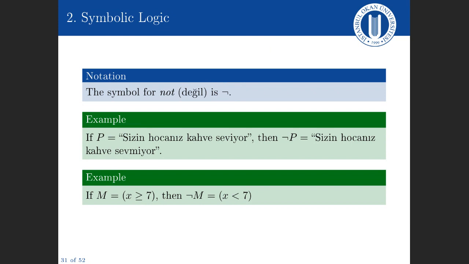Or if M is the proposition X is greater than or equal to 7, then not M must be the opposite of this. And the opposite of greater than or equal to 7 is strictly less than 7.